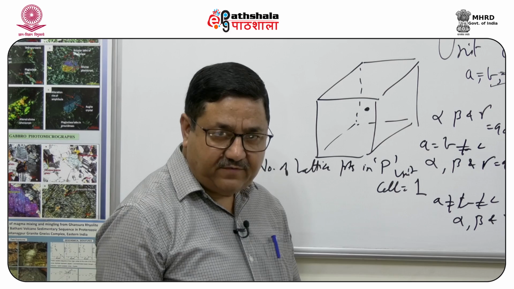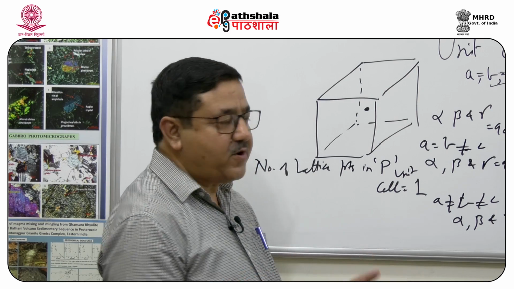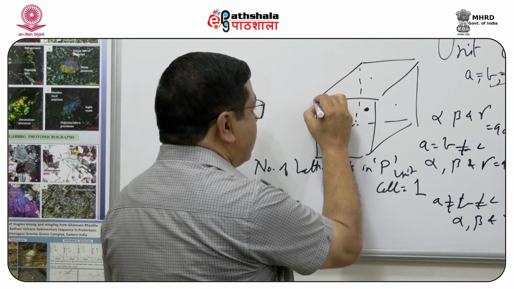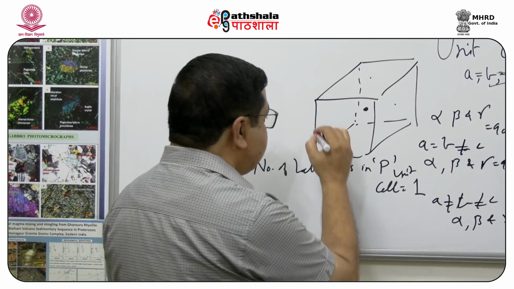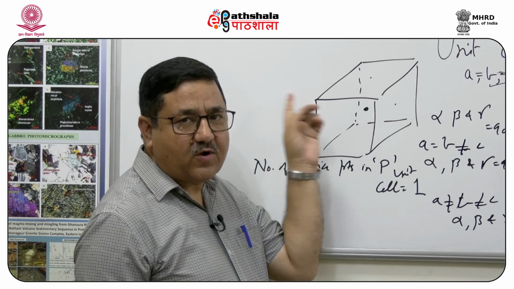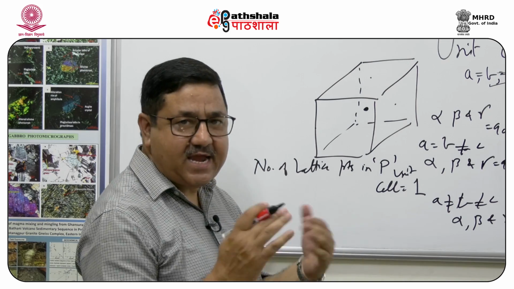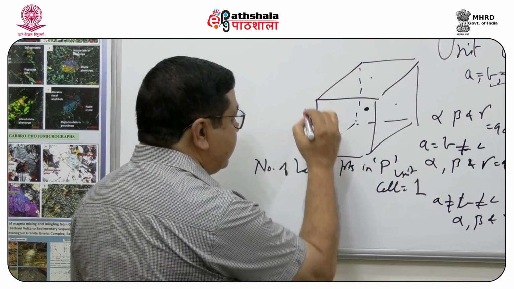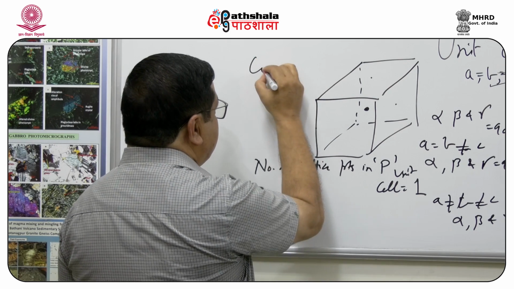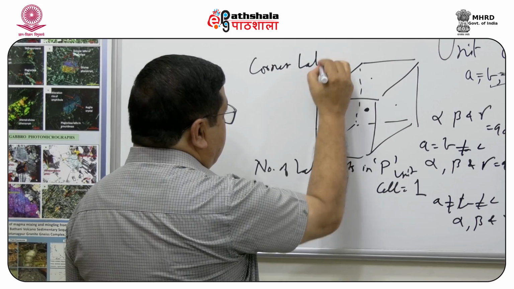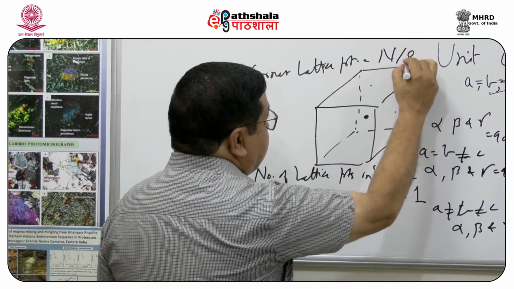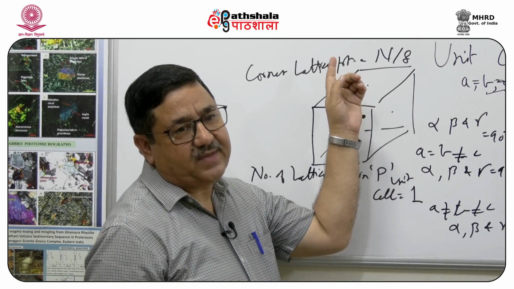In the non-primitive unit cells, the lattice points can be on the faces, on the corners, or on the edges. The ones on the corners are shared by 8. So, if we have a corner lattice point, that will be shared by 8 and its value will be n by 8.